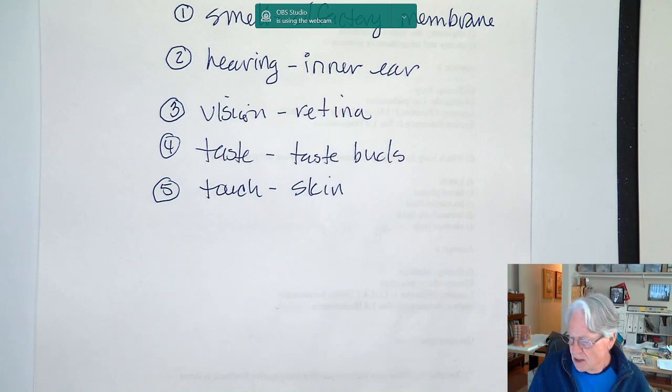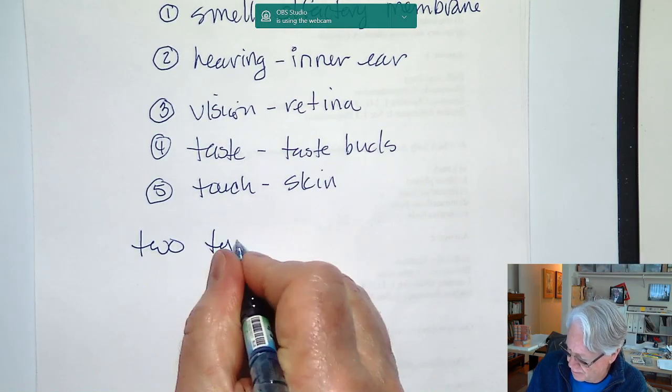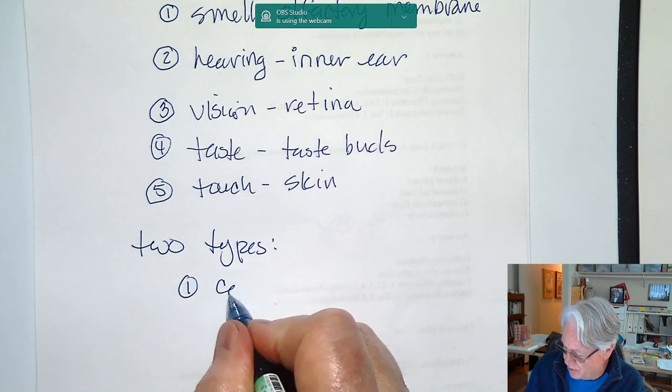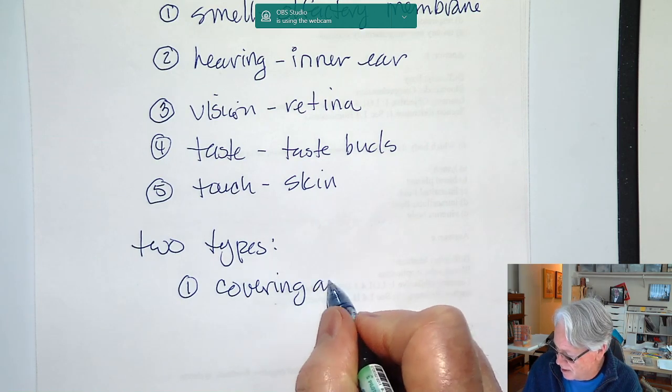Okay, so that's the characteristic of epithelial tissue. As we've seen before, there are 2 types. Number 1, covering and lining epithelium.